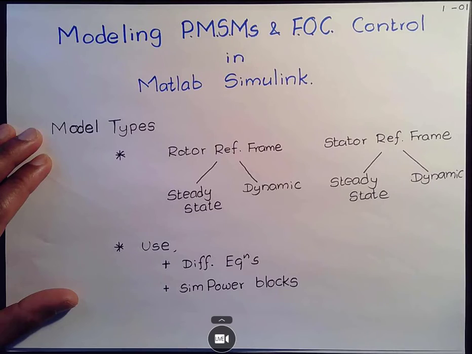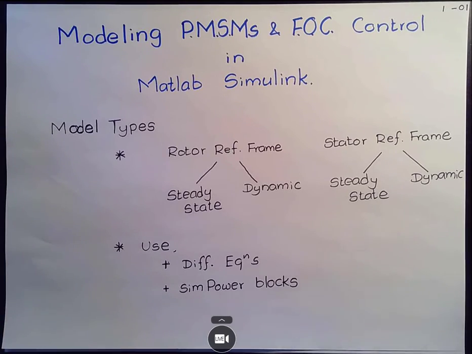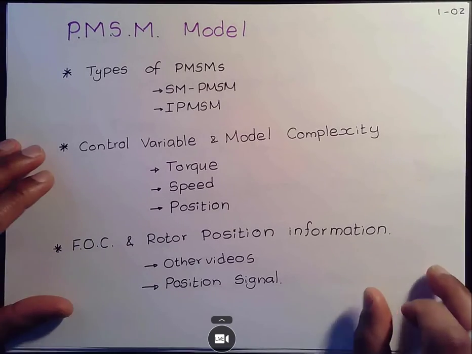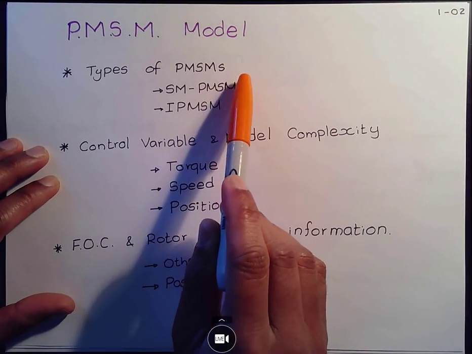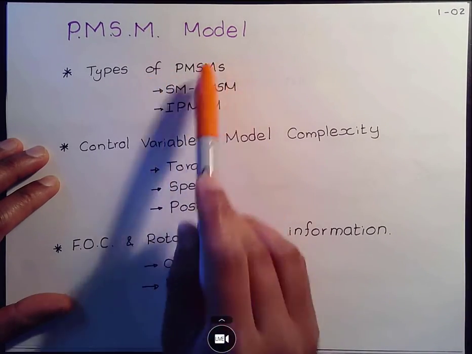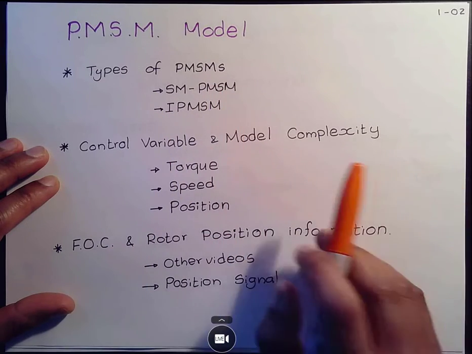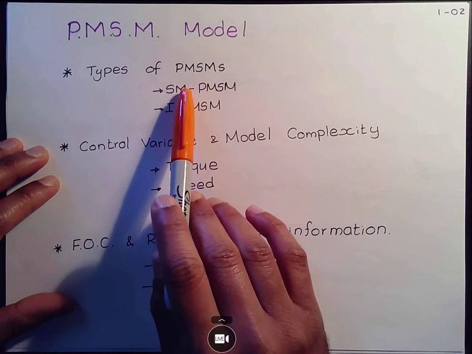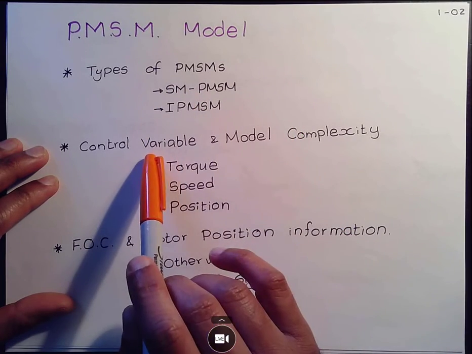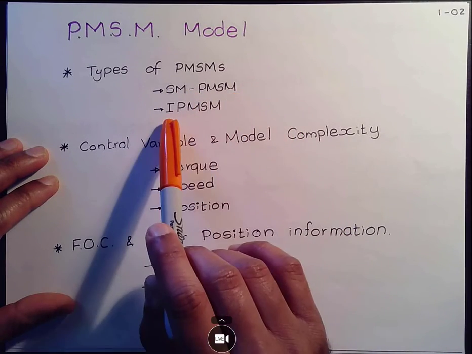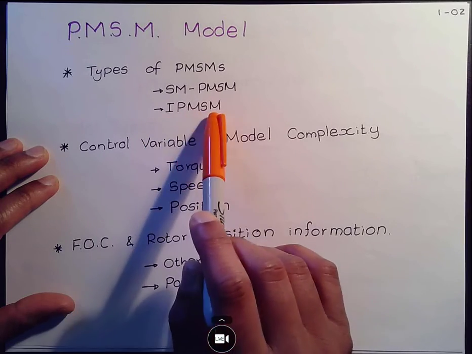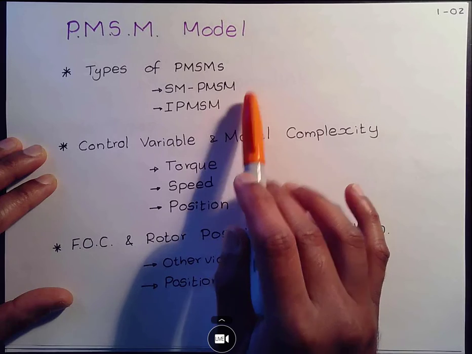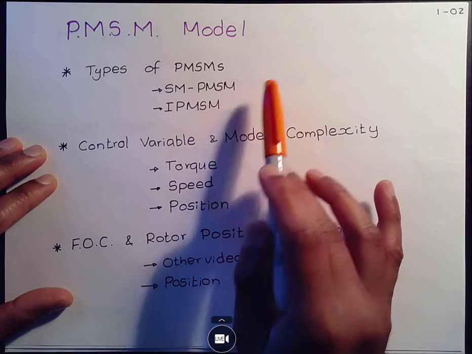Now moving on to the PMSM models, you will see that you come across two different classes of PMSMs, permanent magnet synchronous machines. One is a surface mount magnet PMSM, and the other one is the IPM, or interior permanent magnet synchronous machine. I have discussed these in my previous videos, so please feel free to go and check those out.